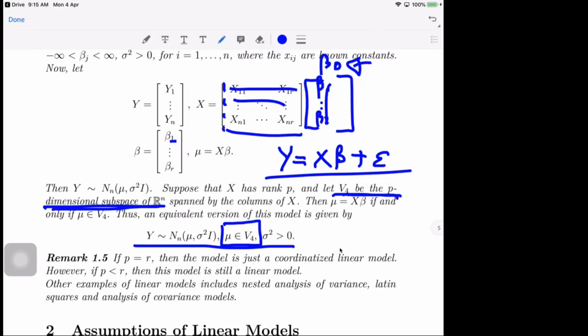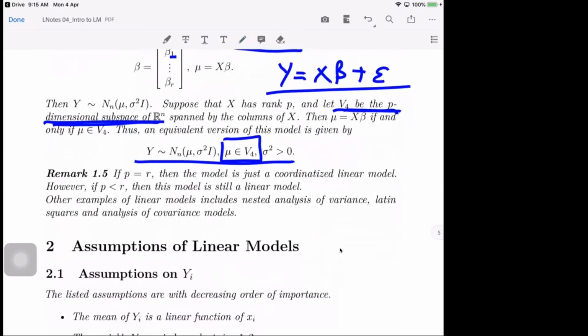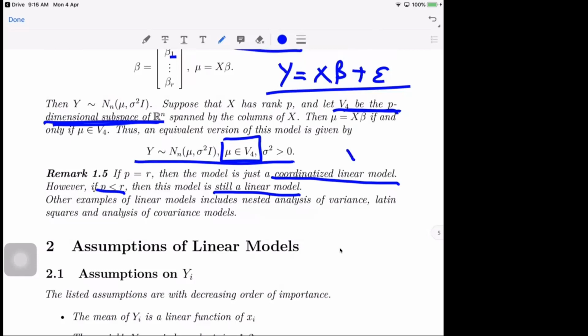So in the coordinate-free version, if p is equal to r, then the model is just the coordinatized linear model. However, when p is less than r, then the model is still a linear model, but not the coordinatized version. The coordinatized version is when you define it in terms of mu equal to X beta, no?